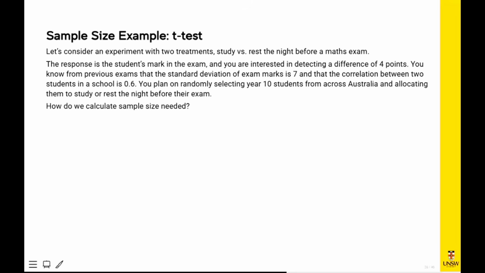So you have a little bit of information about the relationships amongst the students in a particular school. You are planning on randomly selecting Year 10 students from across Australia and allocating them to study or rest before their exam. So what sample size do we need in order to detect my difference of 4 points in this study?